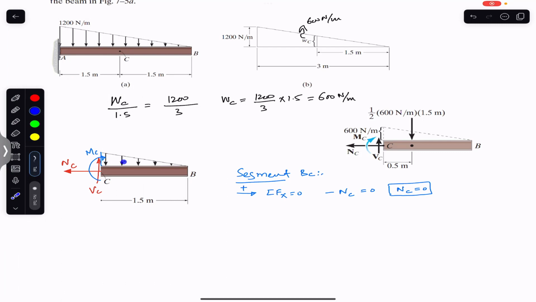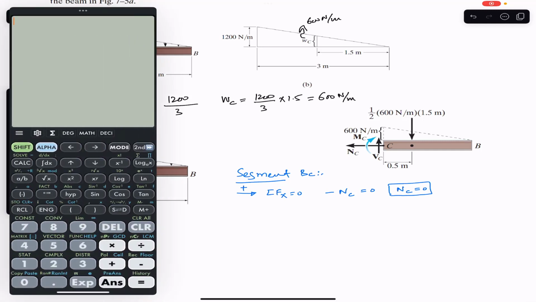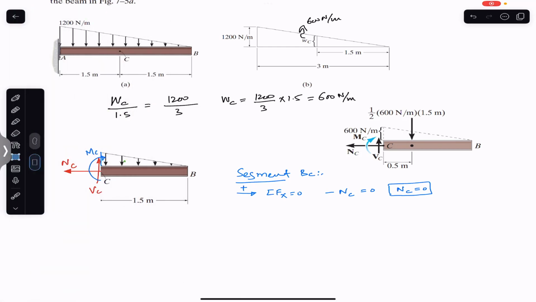This means that this geometric center is at a distance of 0.5 meters from this end, and from the other end it is 2/3 times 1.5, the base of the triangle we are considering for the distributed load. That equals 1 meter. If from this end the distance is 0.5, then from the other end it must be 1 meter.